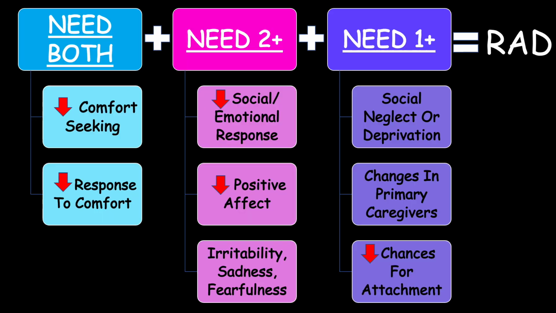An example of this could include a child who has jumped from foster family to foster family. 3, rearing in unusual settings that severely limit opportunities to form selective attachments. An example of this would include institutions with high child-to-caregiver ratios. If criteria A, B, and C are met, I will then screen further for criteria D through G.